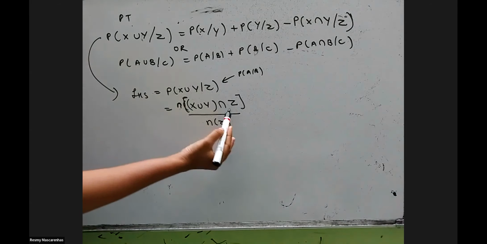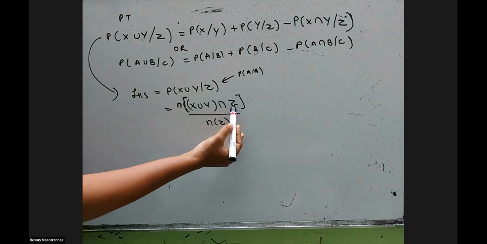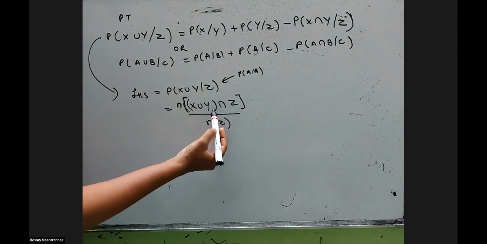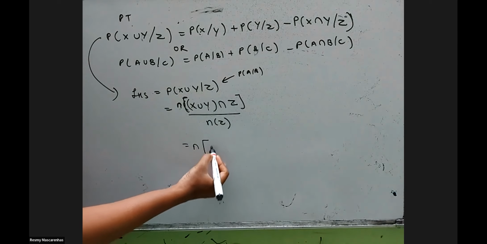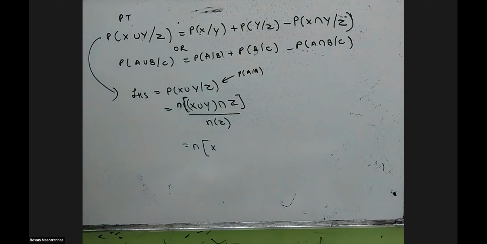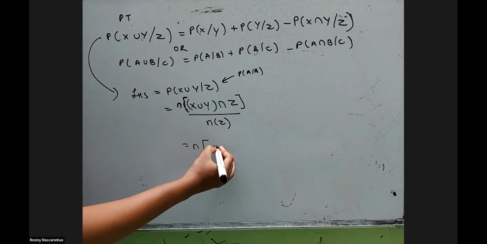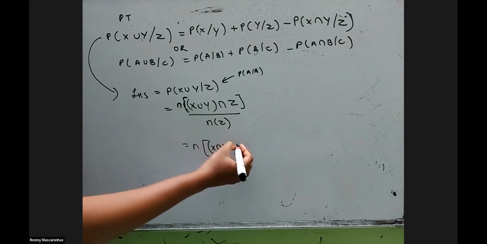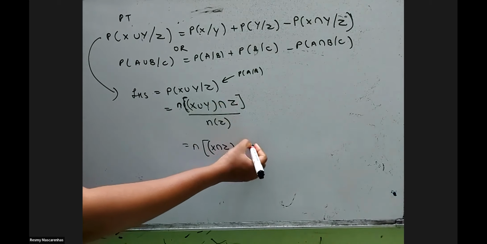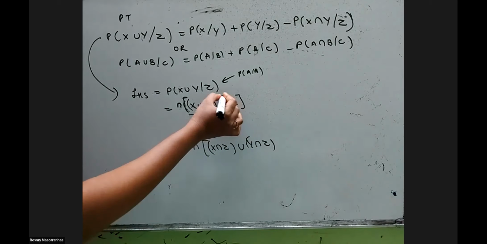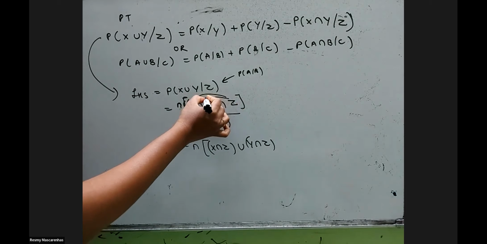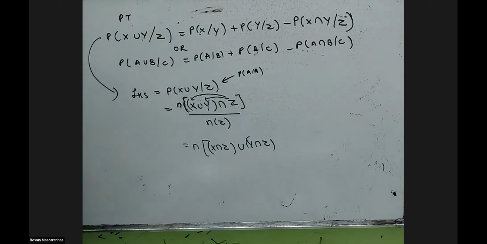Now distribute this. This Z belongs to this one also. Open up the bracket. This gives X intersection Z, the middle one is union, Y intersection Z. I just distributed the Z to both the terms, to X also, to Y also.